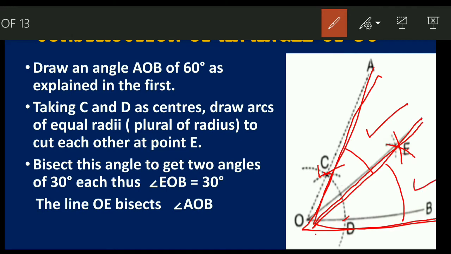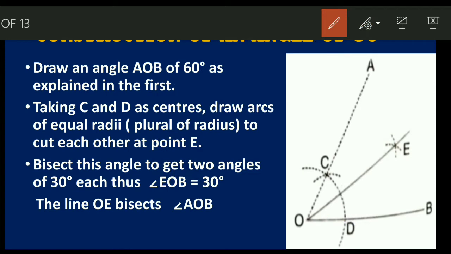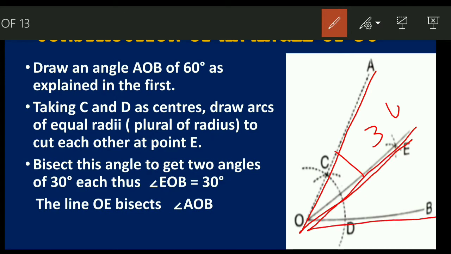That means angle AOE is 30 degree and angle EOB is also 30 degree. Why? Because OE is the bisector of angle AOB. Bisector means dividing the angle into two equal halves.